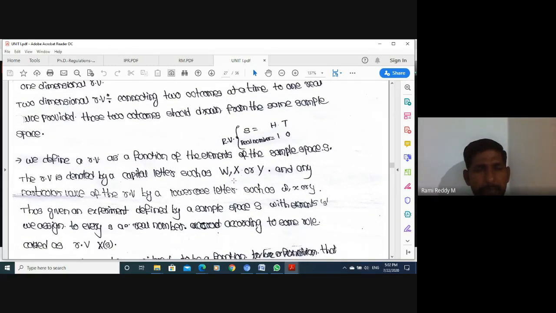The random variable is denoted by a capital letter such as W, X or Y, and any particular value of the random variable by a lowercase letter such as small w, small x or small y.